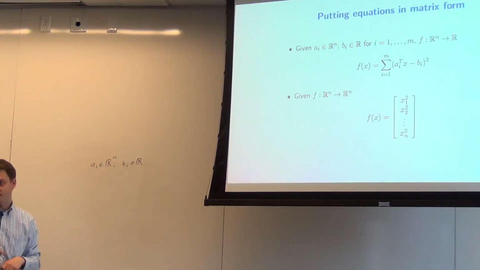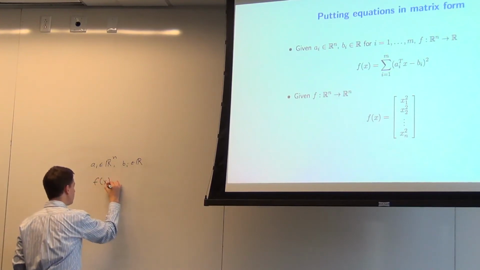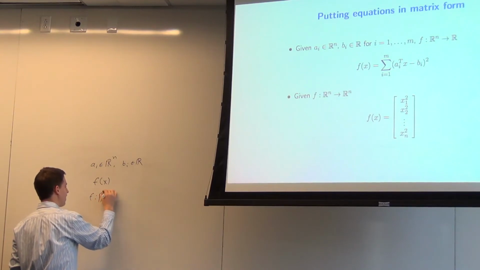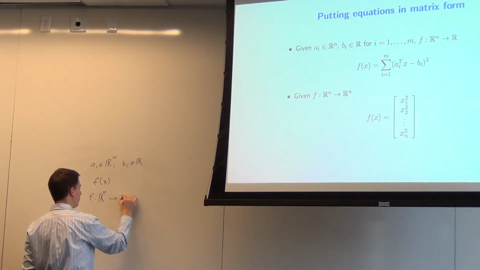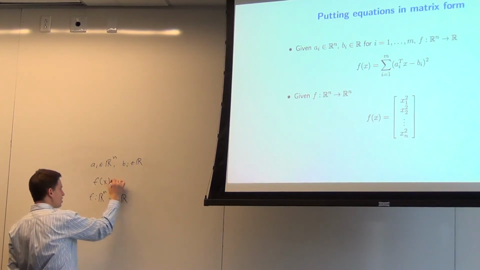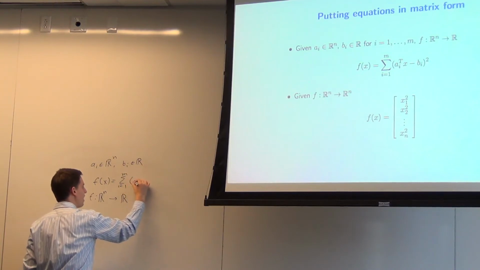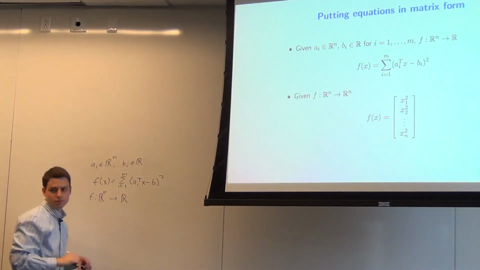I have m of these. And I have my function f(x), a function that takes as input vectors in R^n and outputs a real valued number. And my function is going to be defined as the sum from i equals 1 to m of (a_i transpose x minus b_i) squared.